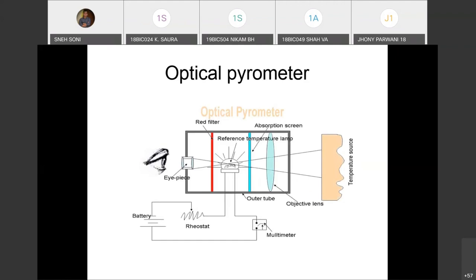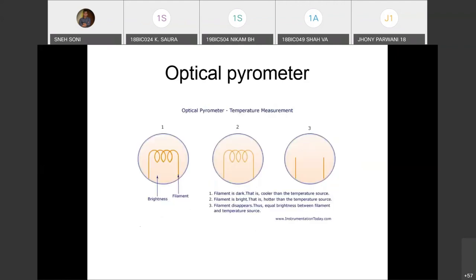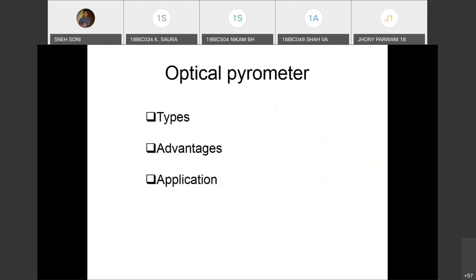Instead of adjusting manually, there are sensors which can detect the wavelength approximately and help measure the temperature, right? So the adjustable eyepiece structure is the manual one, and you also have automatic radiation detectors available with sensors, which can be useful like an automatic optical pyrometer.